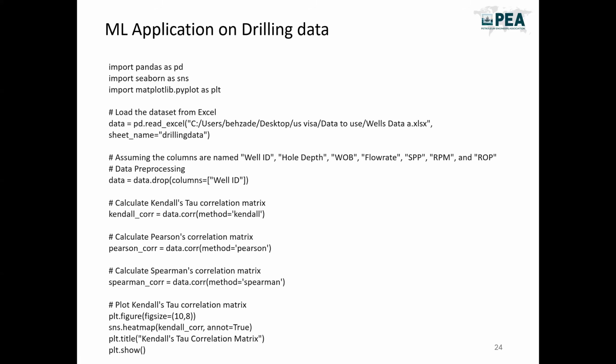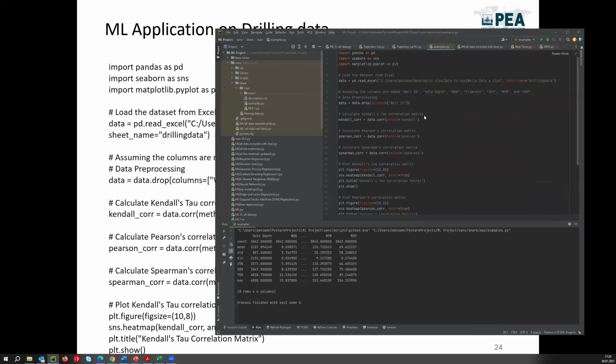So to find out the impact of the parameters, we need to apply this coding. Let me bring up Python. For doing this, we need the libraries for data analytics, Seaborn and Matplotlib, because I'm going to draw this heat map to show you the relationship between these parameters.